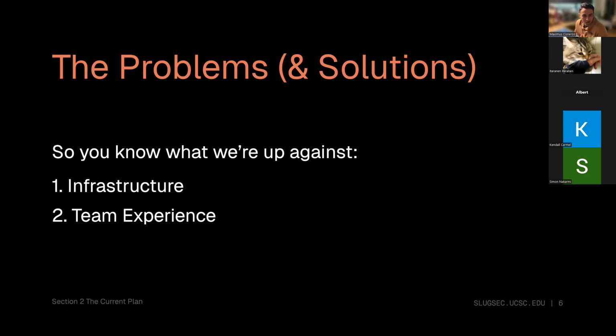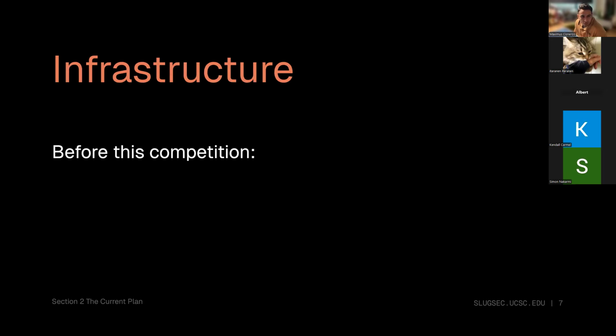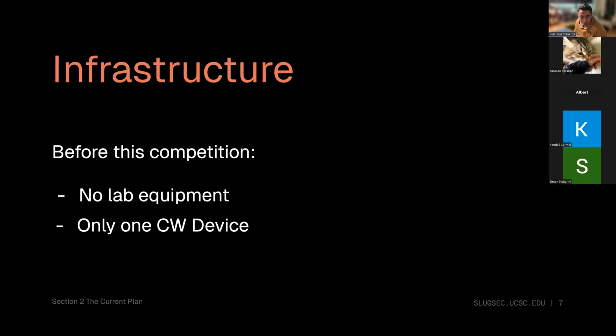I also want to give you a rundown of the problems we've had, at least in previous years. They've all centered around, I think, two points. First is infrastructure. Before this competition, we didn't have any EE lab equipment. We had only one ChipWhisperer device that I don't think anybody really knew how to use. Actually, that's not true. Dominic, I think, was the only one who knew how to do some signal analysis.